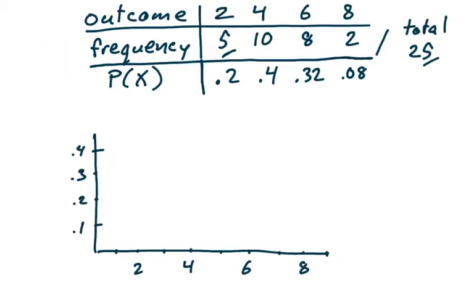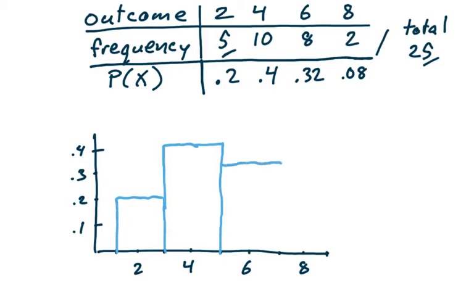And so I've set up my graph here, and we're simply going to go ahead and place in the correct height bars. The first one is 0.2 in height. The second one goes all the way up to 0.4, so it's twice as high. The third one here goes to 0.32, so we're just going to estimate that.